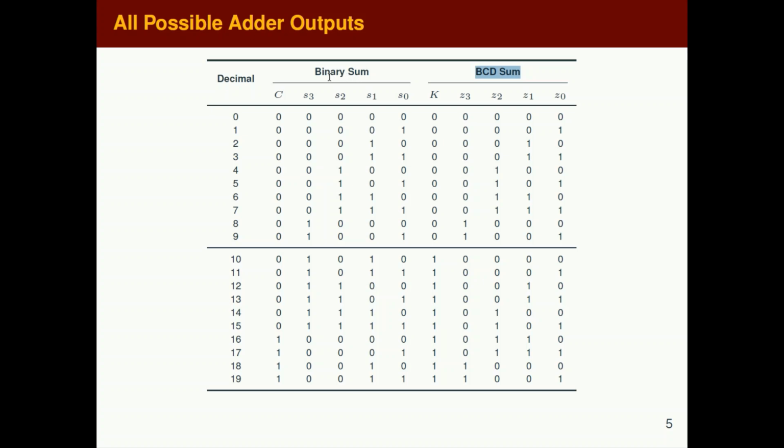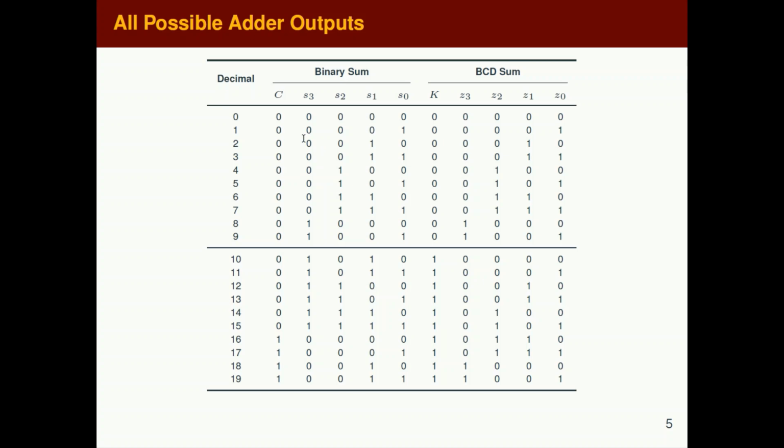So 0 is represented by C 0, S3 0, S2 0, S1 0, and also S0 0. When you are using the BCD sum, K is always 0, Z3 0, Z2 0, Z1 and Z0 also 0.